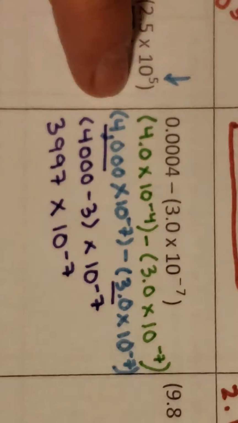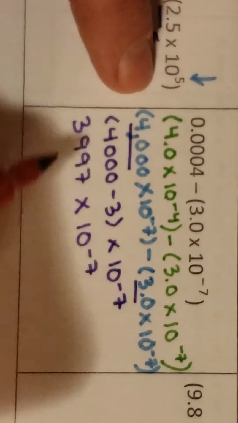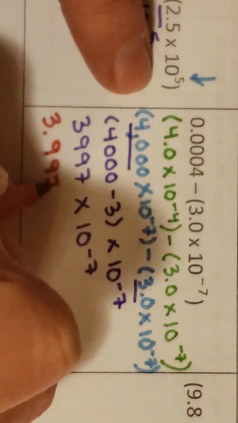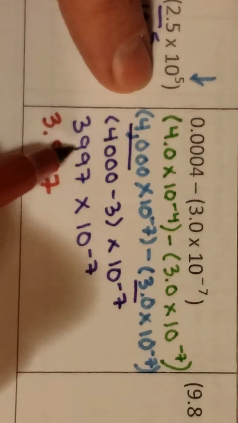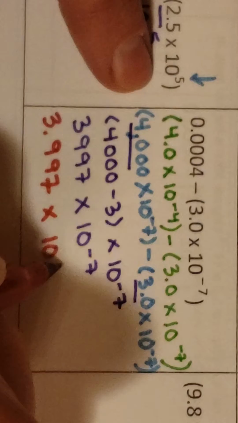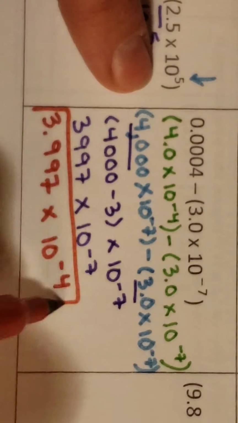And so the last step is adjust this so that it's in scientific notation. So 3.997. I just decreased by 3 powers of 10, so let's increase by 3 powers of 10 on the opposite side. And that's our solution.